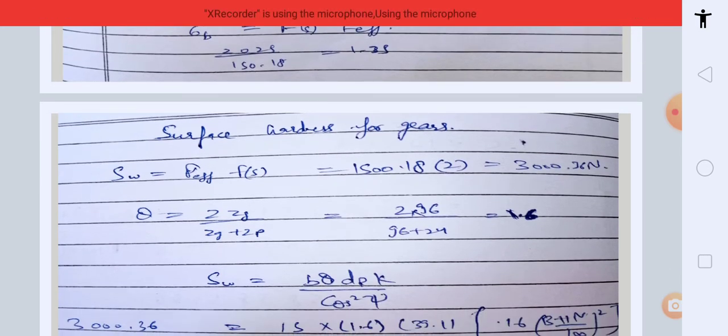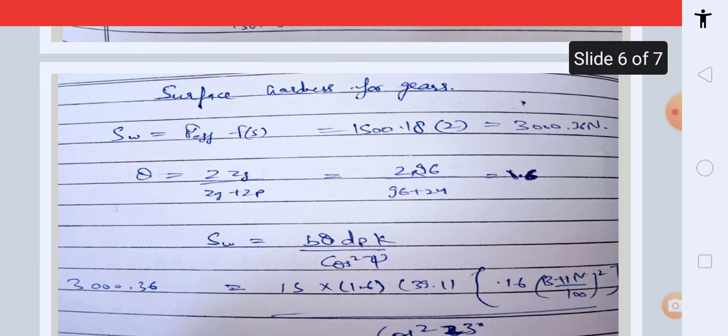For calculating the surface hardness, we have to equate the wear strength to P effective times factor of safety. So that is 1500.18 into 2, that is 3000.36 Newton. Ratio factor Q is 2 Zg upon Zg plus Zp, 2 into 96 upon 96 plus 24, which is equal to 1.6.